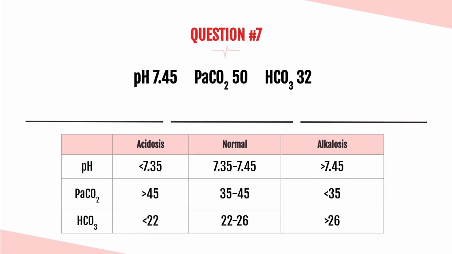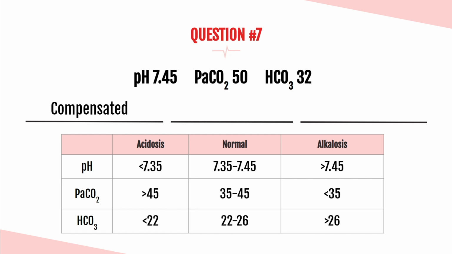Question number 7. We've got a pH of 7.45, a PaCO2 of 50, and a bicarb of 32. What do you think? A pH of 7.45. Is this normal or abnormal? It is normal. So our first name is going to be compensated.